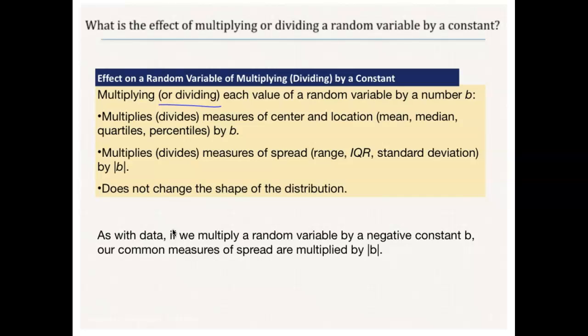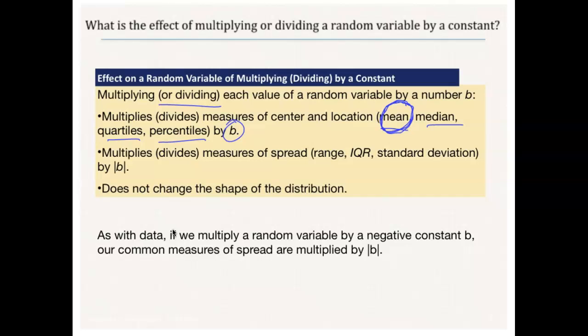Each value of a random variable by a number b multiplies any measure of center and/or location, so that means mean, median, quartiles, percentiles, by b. Now, the one that we just showed was the mean, but any measure of position would have that same effect.